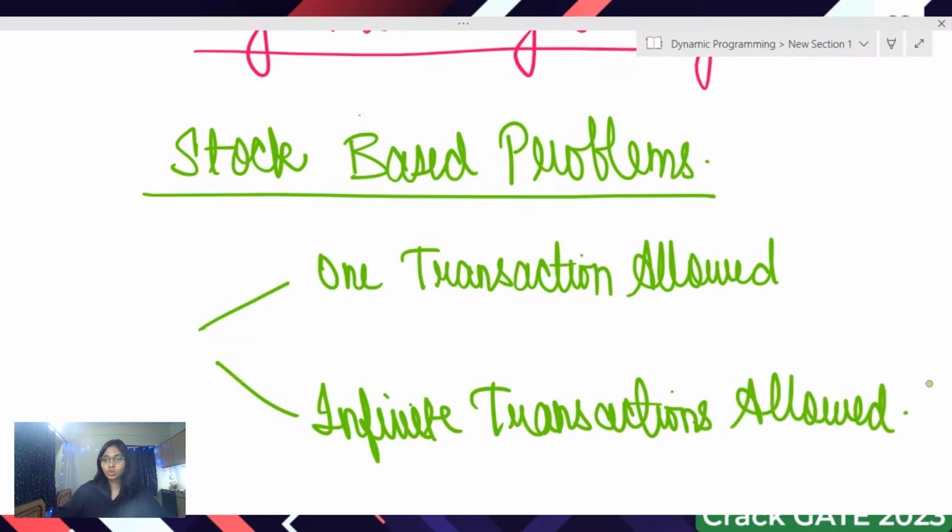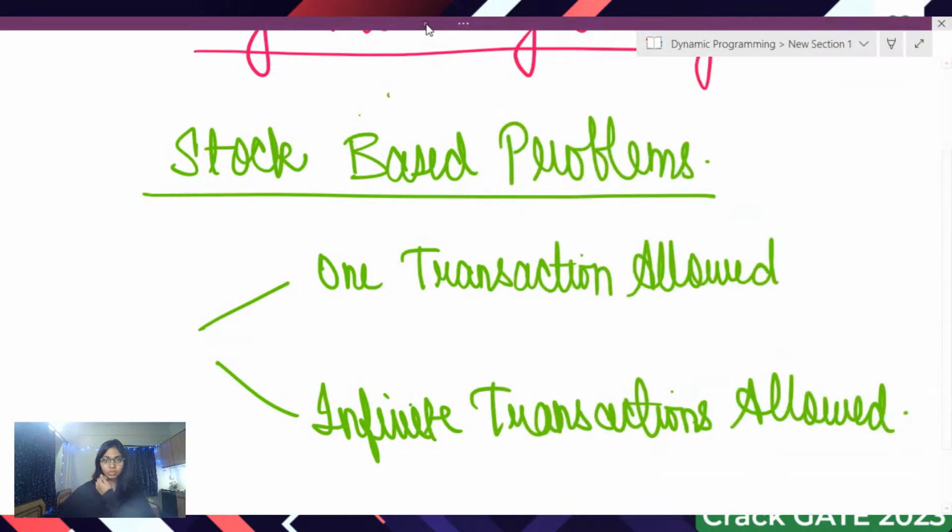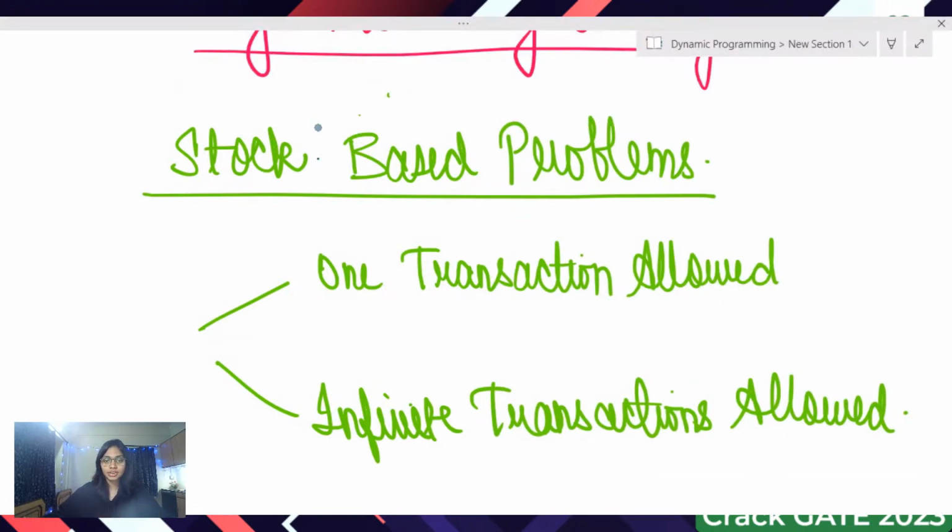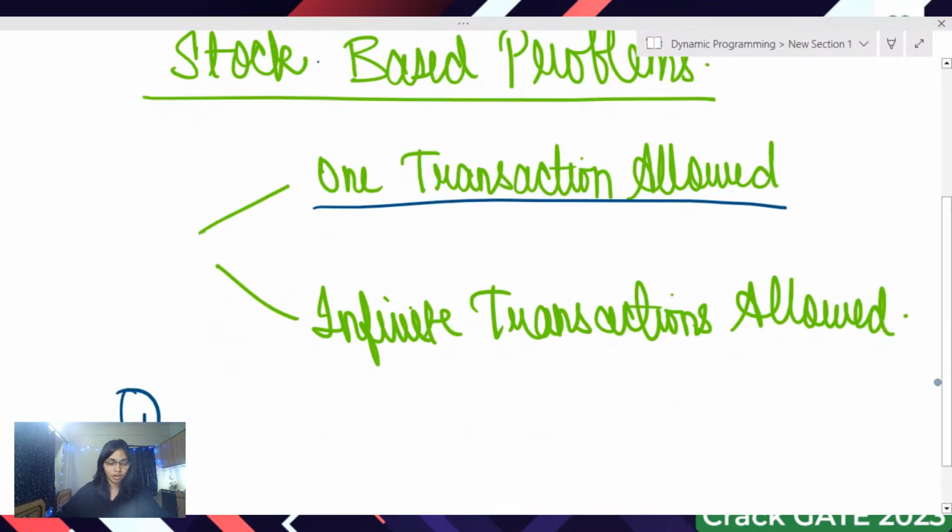Let me do a brief recapitulation. In the one transaction allowed case, what we basically did was linearly traverse the price array that was given to us.